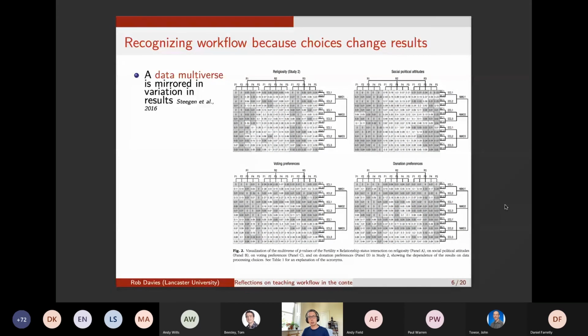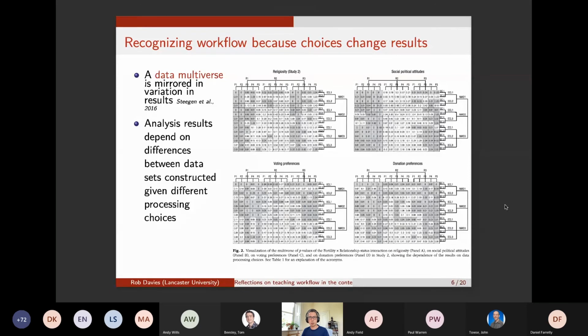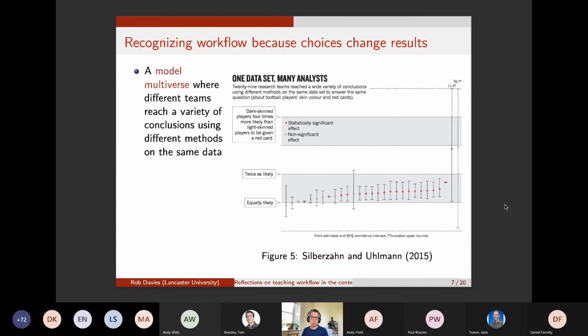So we have demonstrations that the way in which you construct your data set, the processing, the coding, the way in which you slice things, exclude things, or include things, has a direct impact on your analysis results, whether you're thinking in terms of p-values or estimates. And we see that there is what you might call a models multiverse, where you have demonstrations that you can give different teams the same data set, and they will come to a variety of different conclusions because they're using different methods.